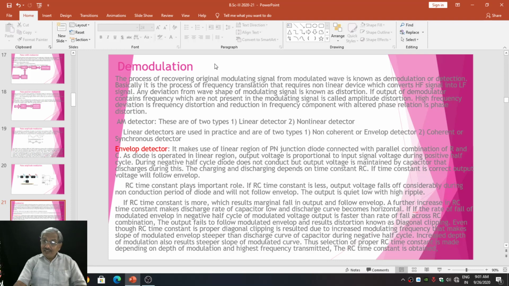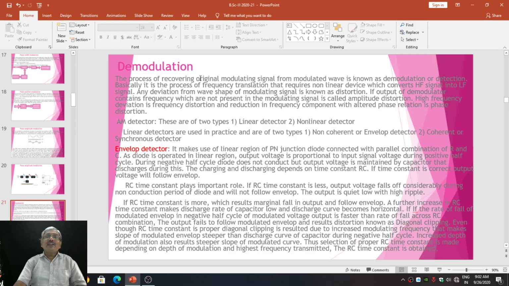At the receiving end, the modulating signal is separated and recovered from the modulated wave, and this process of recovering the original information from the modulated signal in the receiver is known as demodulation. We will just introduce it and stop today.